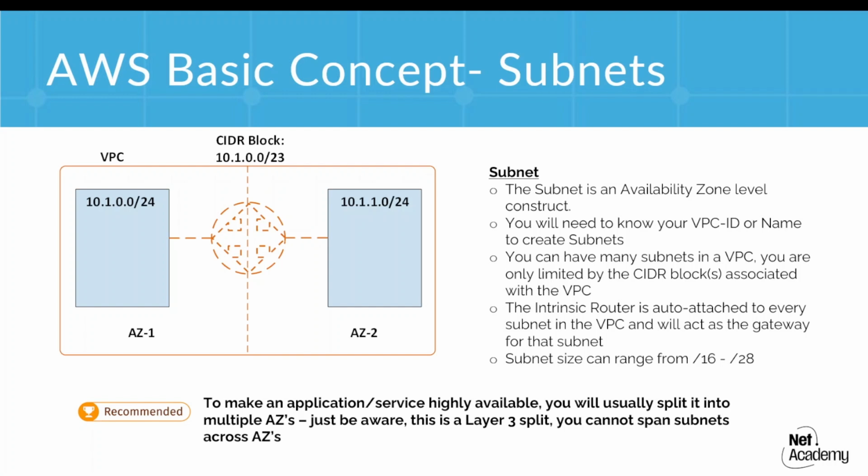Your subnet size itself could range from a /16 to a /28. You may recognize that. That's the exact same range for our CIDR block. So you could have a single subnet in a single AZ. I don't know that that would be that common. I see it in HPC clusters and things like that, where performance is more critical than resiliency.